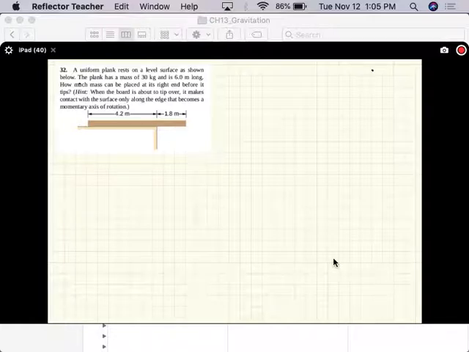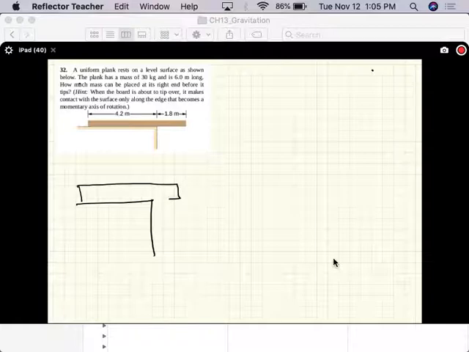And when the board is about to tip over, it makes contact with the surface only along the edge. That becomes a momentary axis of rotation. Anyway, so here's the weight you put, and the weight has a small dimension.